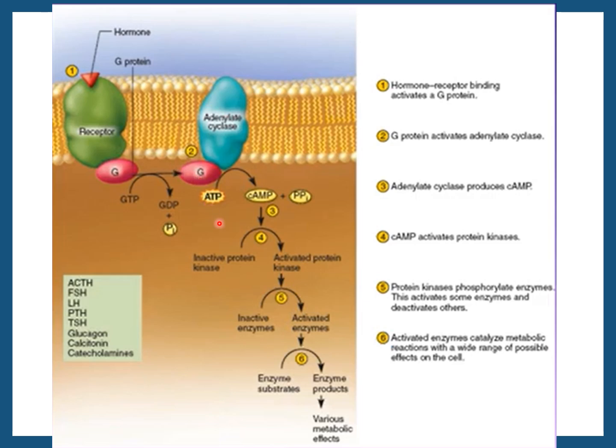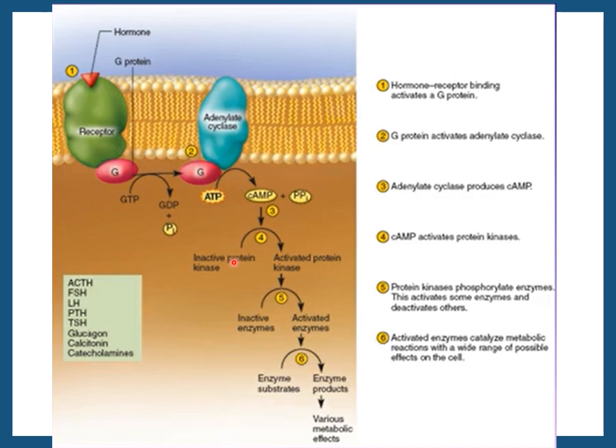That is going to convert this molecule of ATP into cyclic AMP and diphosphate. Remember, adenosine triphosphate has 3 phosphate molecules, and over here we have the 2 phosphates and cyclic AMP.